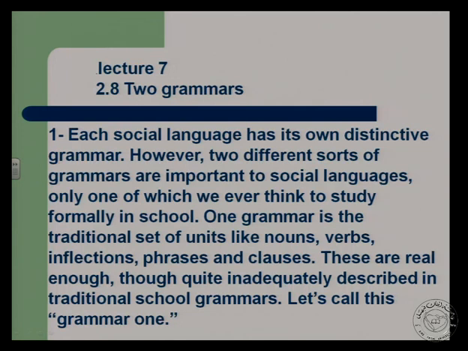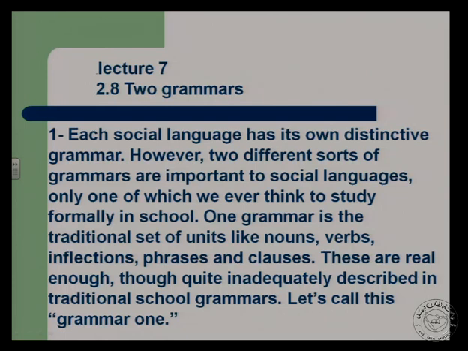One grammar is the traditional set of units like nouns, verbs, inflections, phrases, and clauses. Clauses like, for example, a main clause such as I will go to the school, or a subordinate clause, for example, if I eat, or when you read, or when you invite me, when you travel, which you bought.